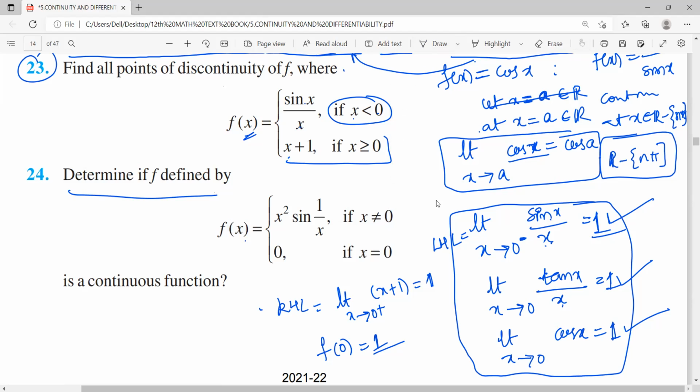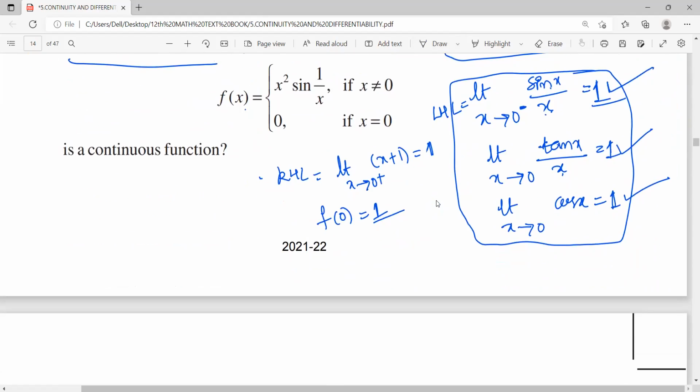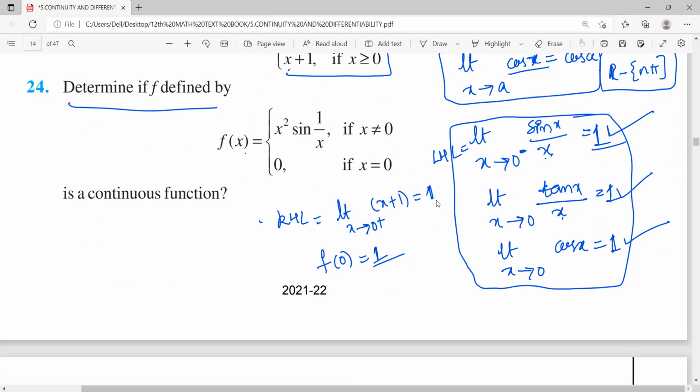But no, it won't be continuous, because f of 0 would be different. We only have to check at x equals 0.